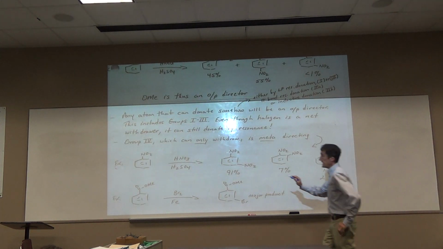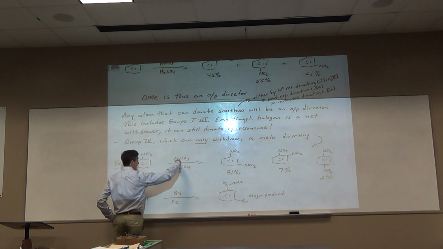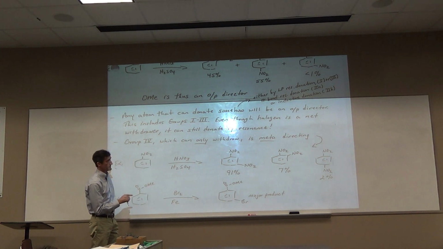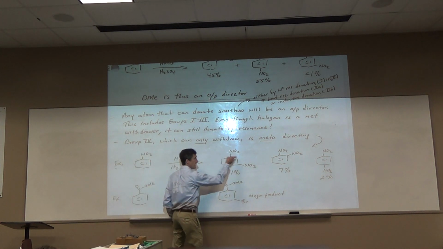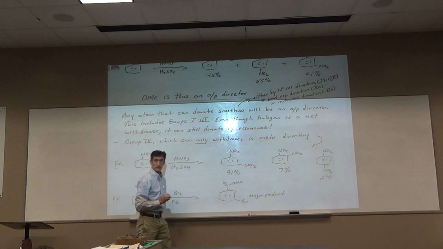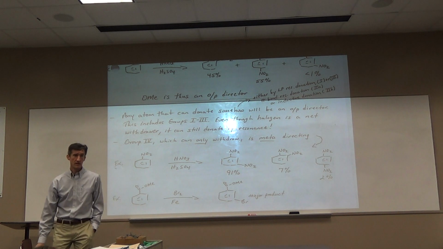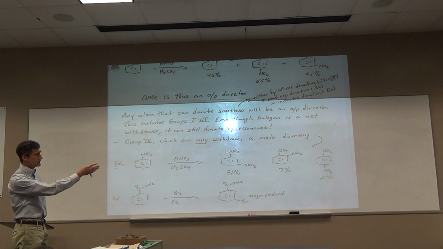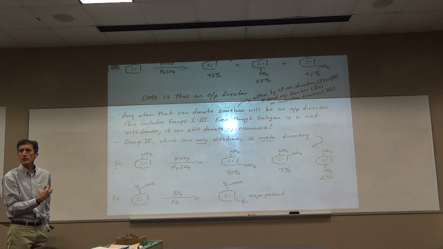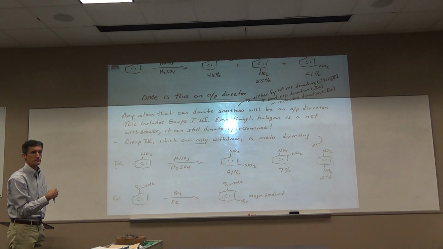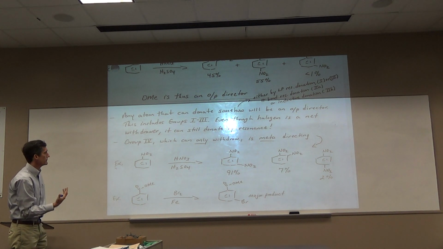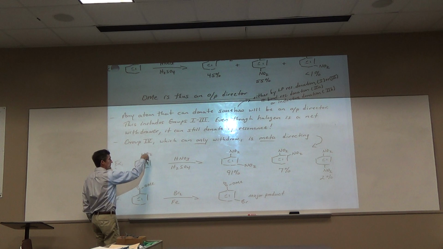For example, if you take nitrobenzene and nitrate it again, you'll predominantly get meta nitration. You'll get a little bit of the other, but very often you can purify this out and just get the meta product. And we call it predominantly a meta director.